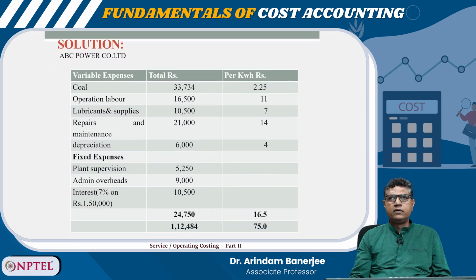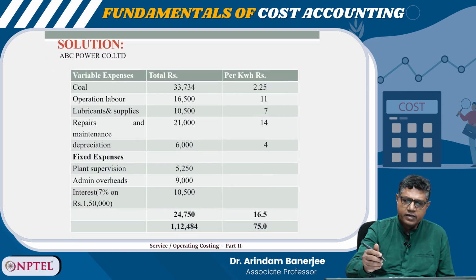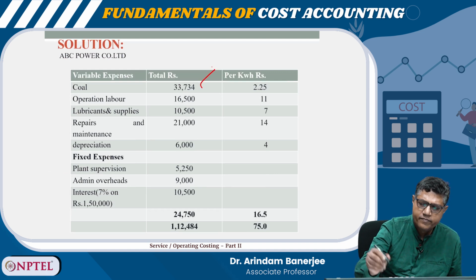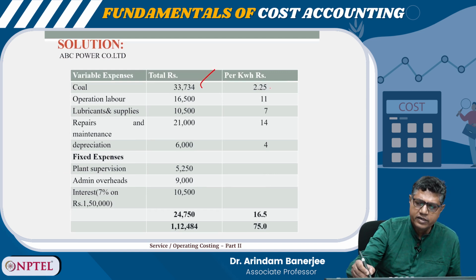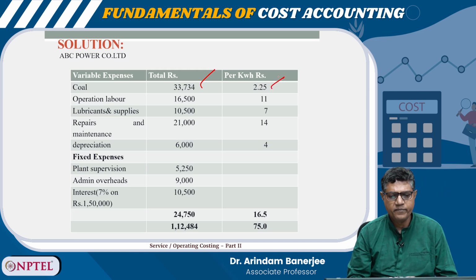So, here is the solution. So, coal 33,734, per kilowatt hour, if I calculate, it is coming 2.25.